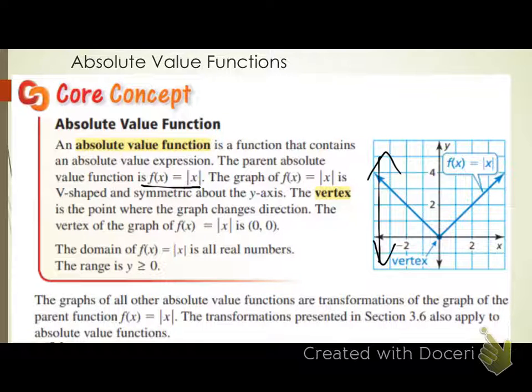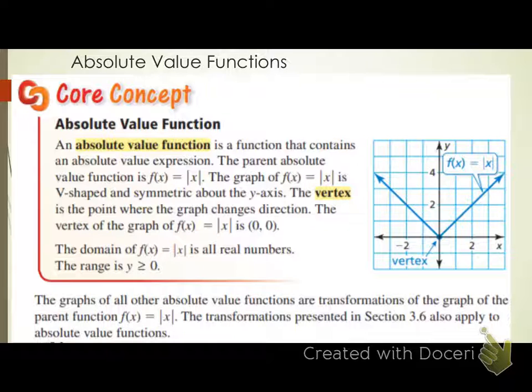What is it? 0. My graph of my absolute value parent function is not going to go below 0, is it? It stops at that 0. So the range is y is greater than or equal to 0. It's all the values that are equal to 0 and greater than 0. So there's my range. Any questions about the parent absolute value function?